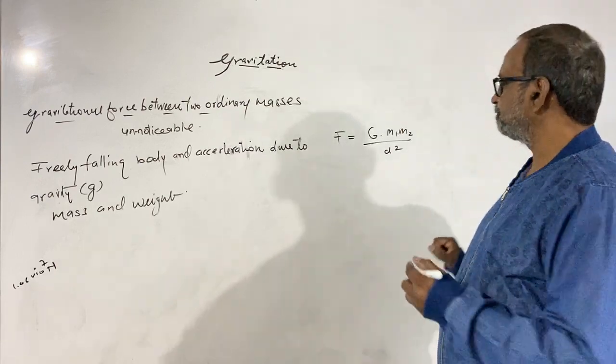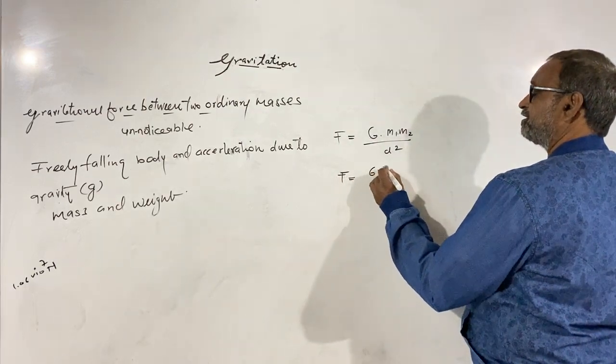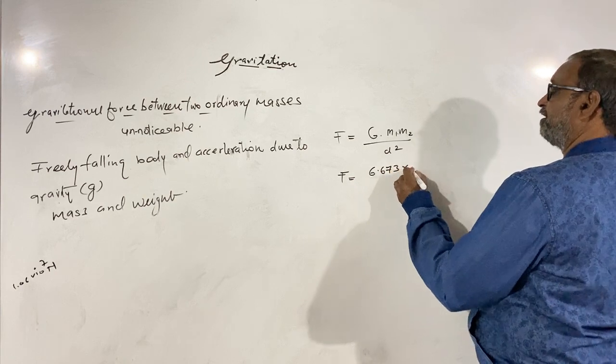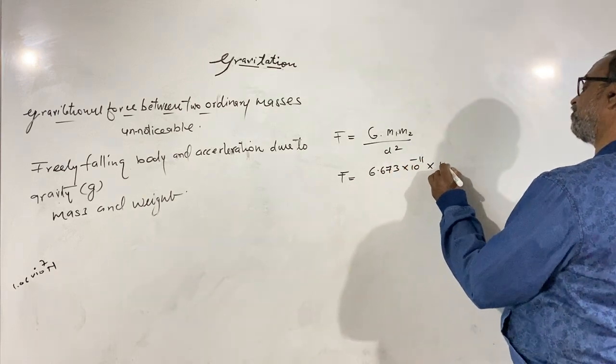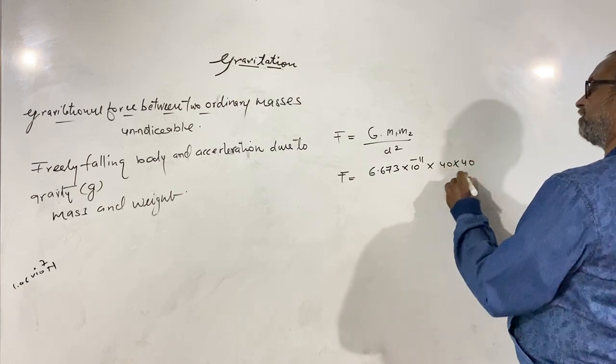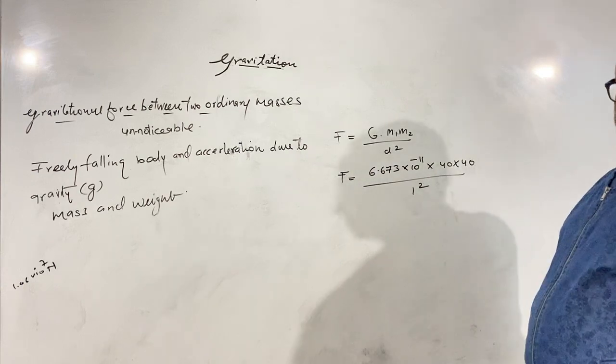So let us calculate. F is equal to 6.673 into 10 to the power minus 11 into 40 into 40 over square of 1. The distance is 1 meter.